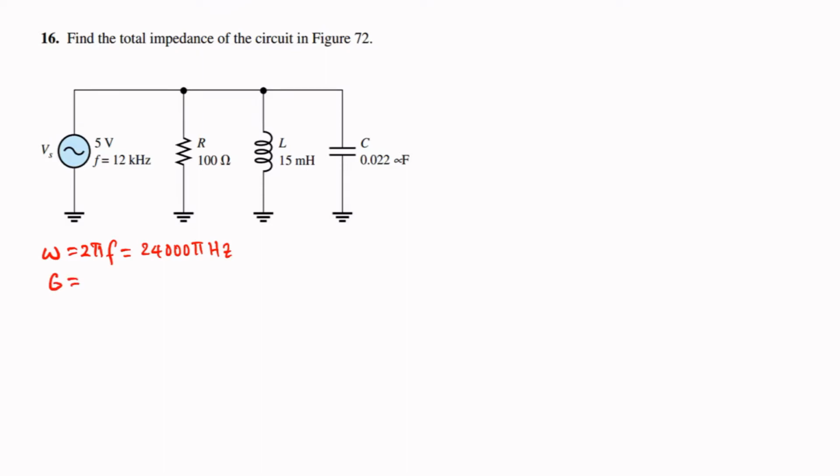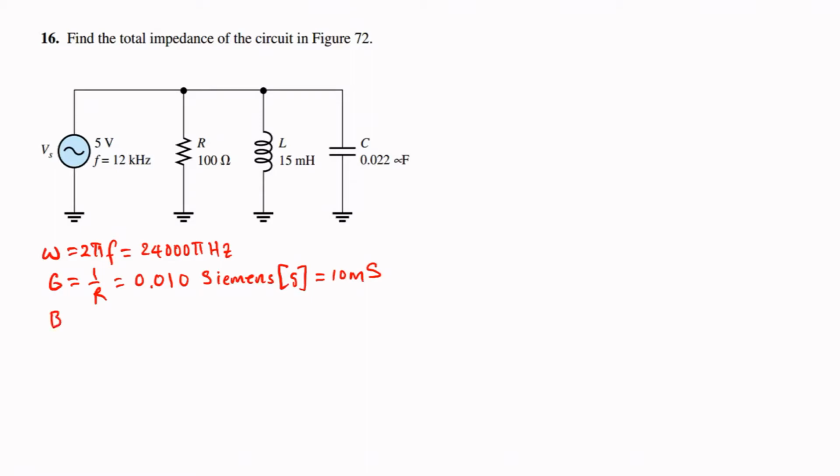The conductance, which is the reciprocal of the resistance, is equal to 0.010, and the unit for the conductance is Siemens, or sometimes we write it as just S. Just for comparison, I'm going to write this as millisiemens.